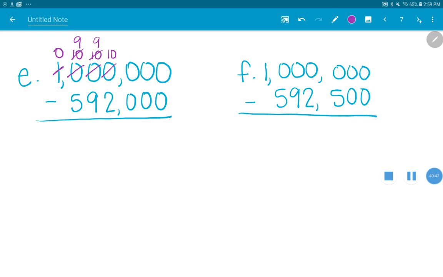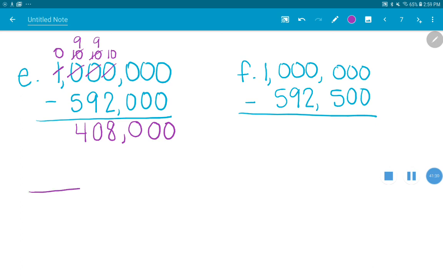Now can I subtract? I have 10,000s. I need to take 2 away, so I can do that. I have 9 10,000s. I need to take 9 away. I can do that. I have 9 100,000s. I need to take 5 away, so I can do that. We're ready to subtract. I have 0 ones, 0 tens, 0 hundreds. 10 minus 2 is 8. 9 minus 9 is 0. 9 minus 5 is 4, and I don't have any millions. So my answer is 408,000.